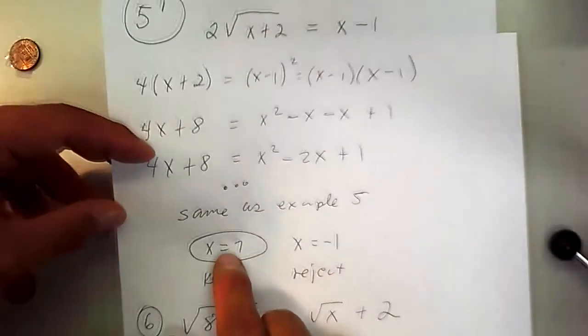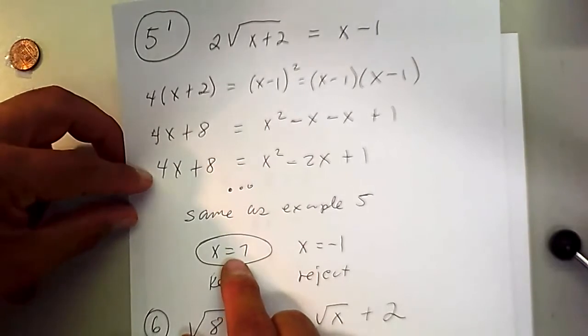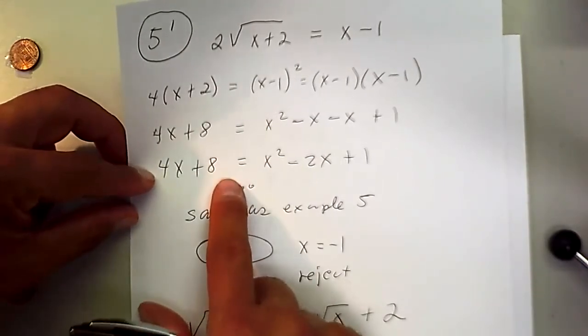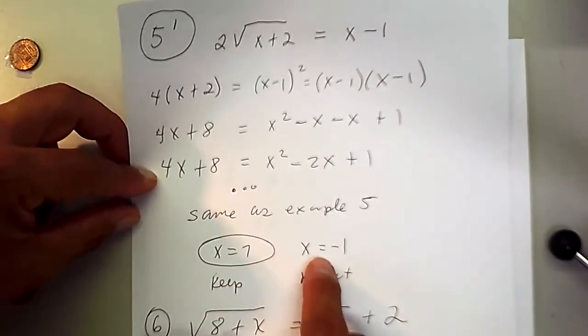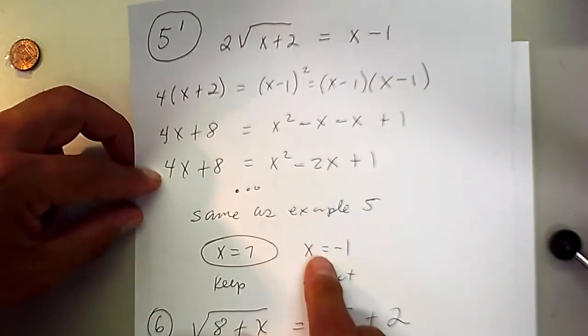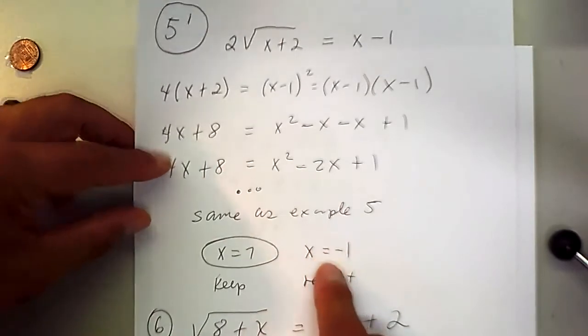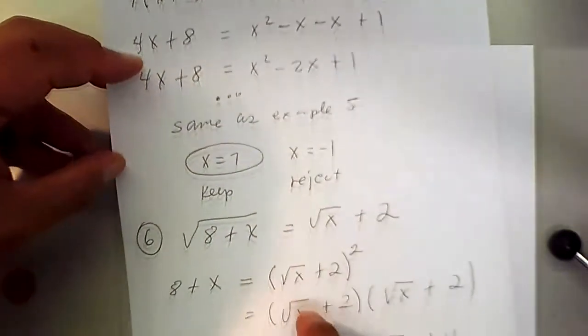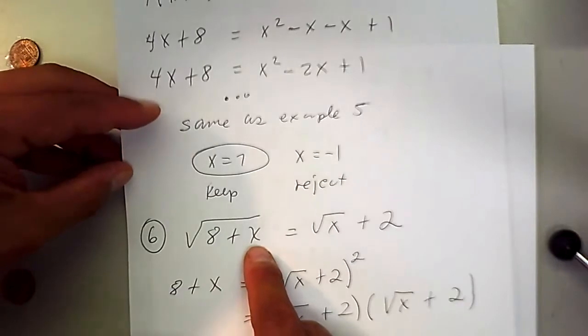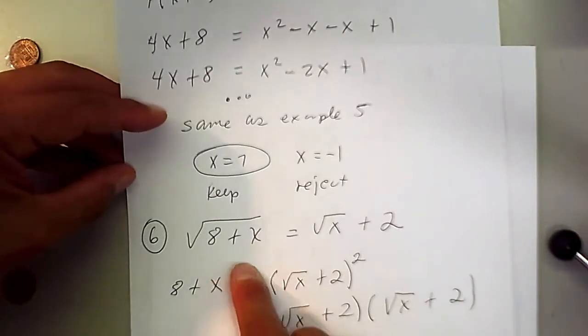Because in this case, if you compare to a previous step, it will work. It will work. But this does not work with the original problem. So always compare your candidates for solutions to the original problem.